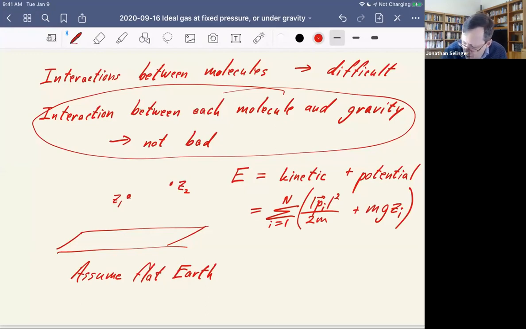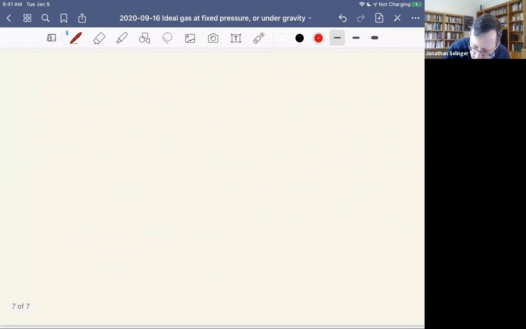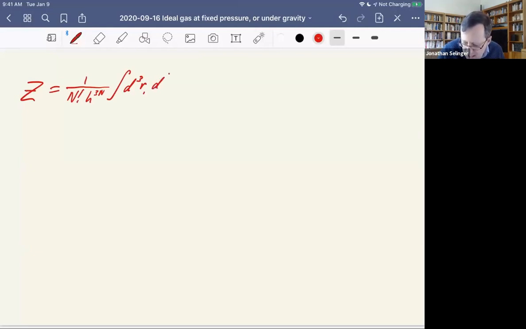Now, suppose we want to do the partition function. Okay. So just as before, we have a partition function, which is 1 over N factorial and Planck's constant to the 3N. And now I have an integral over all 3 components of the position for particle 1, and the integral over all 3 components of the momentum for particle 1.